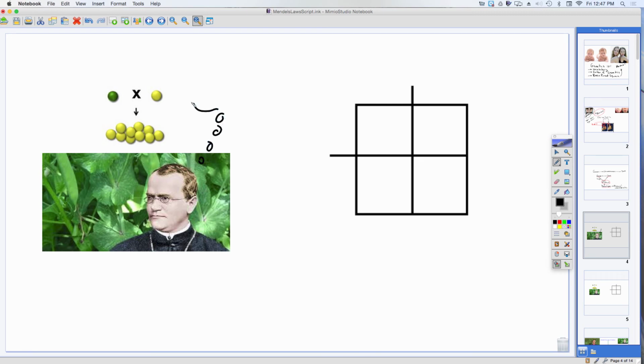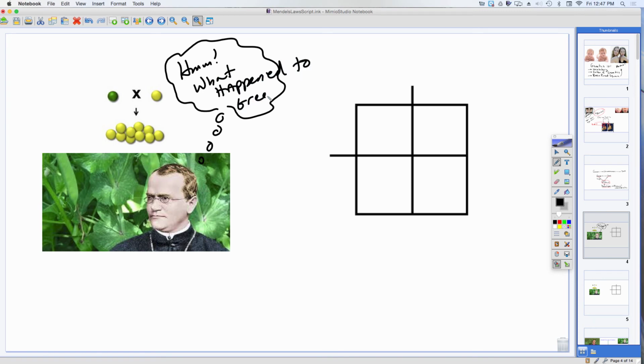And Mendel was kind of puzzled. What happened to green? That's a really good question. It was a question that drove him. So he was like, all right, how can I find out what happened to green?